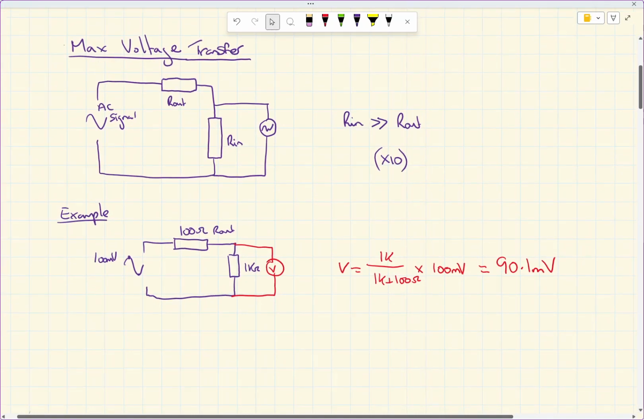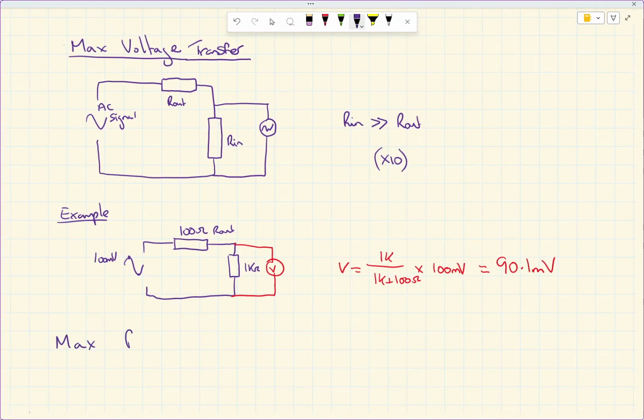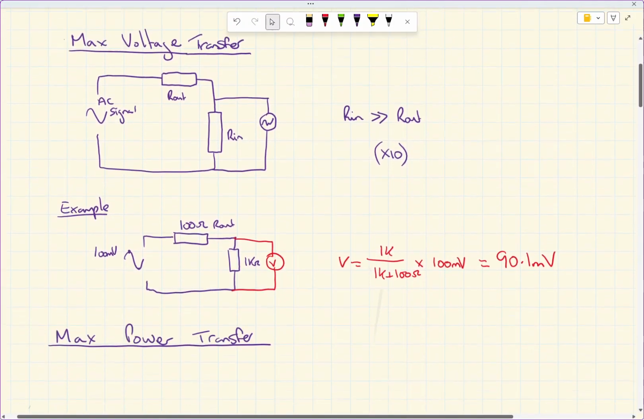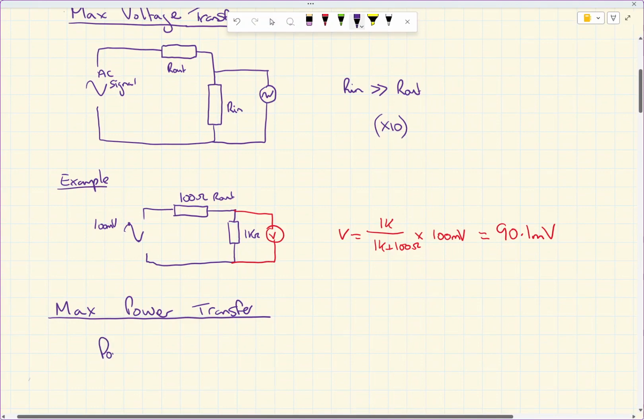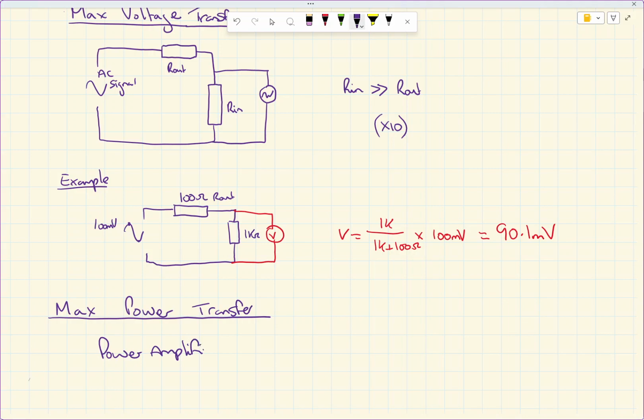If we're looking at maximum power transfer, that's usually there from the power amplifier to the loudspeaker.